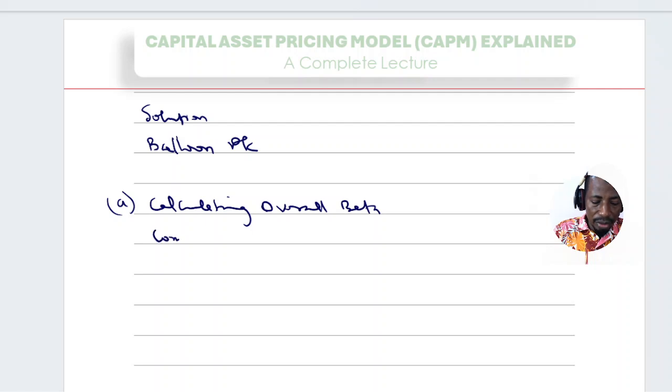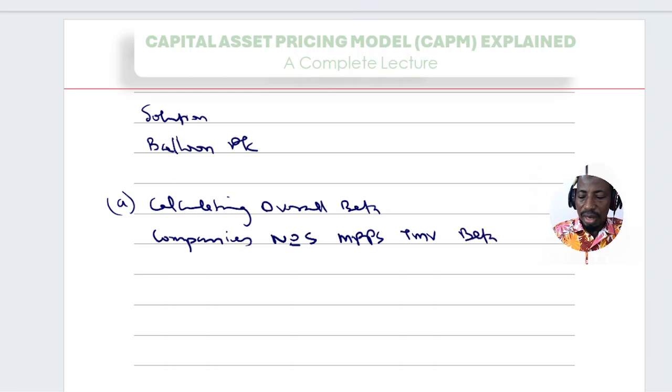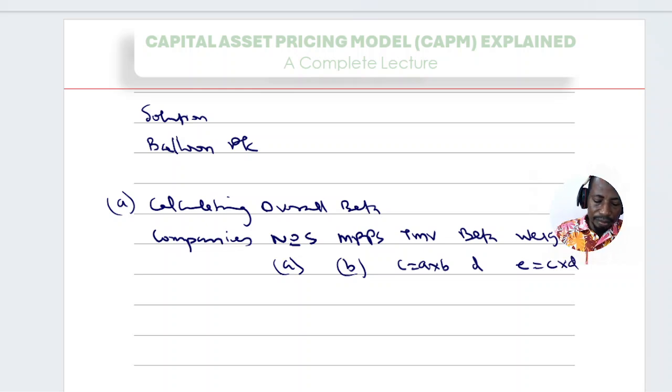Therefore, I will create a column for the company's number of shares, the market price per share, total market value, then the beta of individual, then the weights. Okay, this is A, this is B, this is C equal to A times B, this is D, this is E equal to C times D.